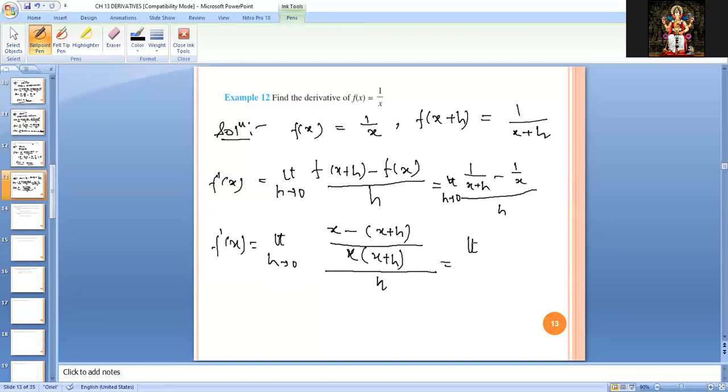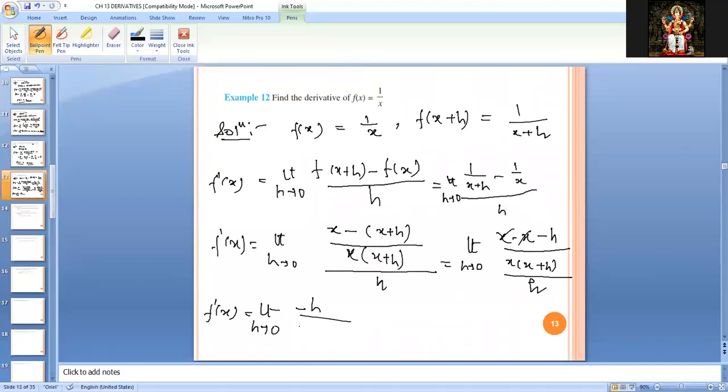It is limit h tending to 0, x minus x minus h upon x into x plus h upon this h.